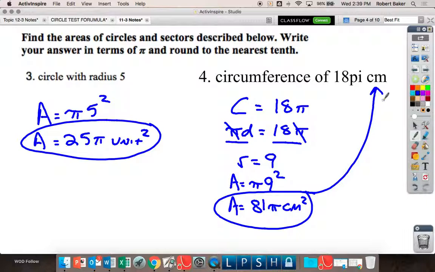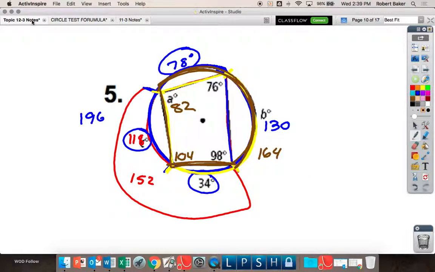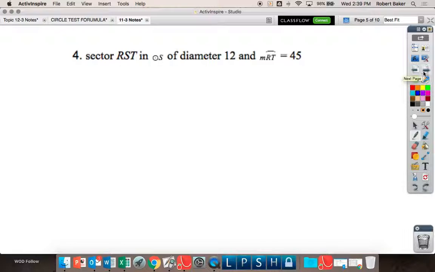How do you go from circumference to pi diameter? Because one of the equations for circumference was either 2 pi r or pi d. Oh, I used pi d because it was easier for me to understand. But you can still use 2 pi r. Okay.